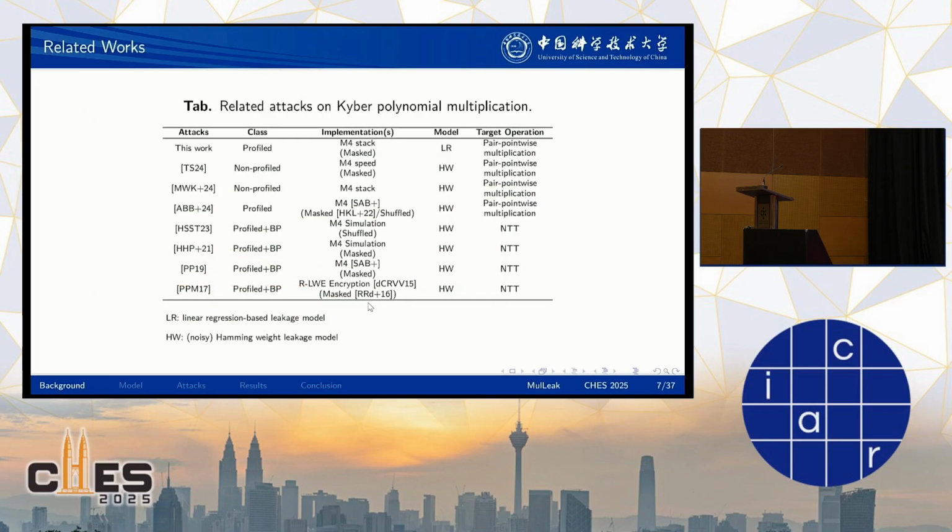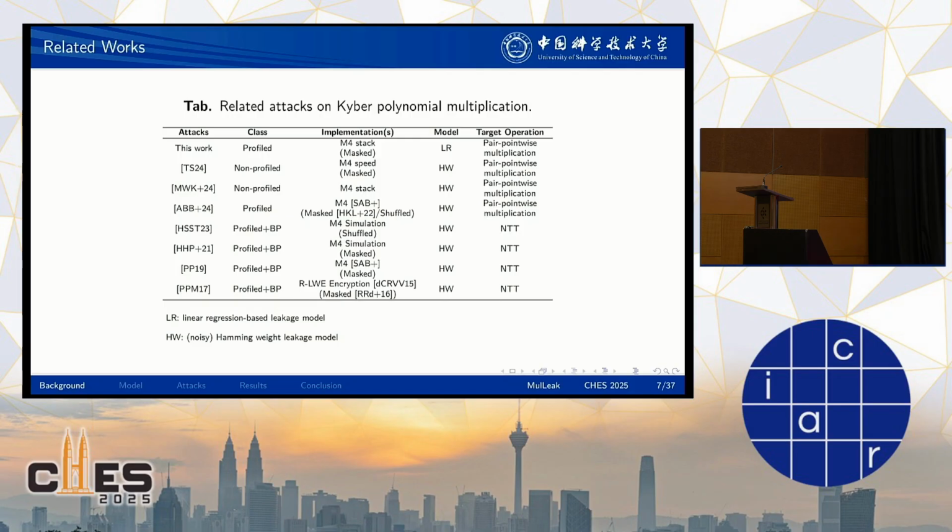Since polynomial multiplication is a core operation in Kyber, many works target NTT, or the pair point-wise multiplications. They commonly use the Hamming weight or noisy Hamming weight model to calculate the power consumption leaked by the secret data.